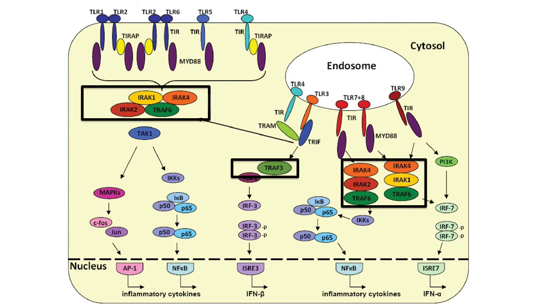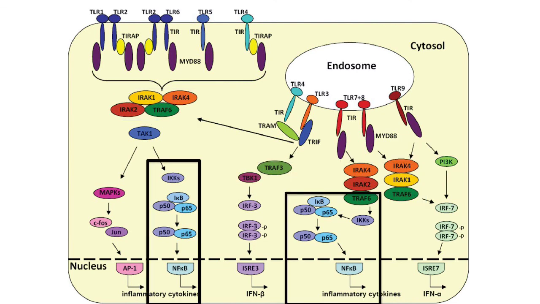These polyubiquitin chains are able to activate kinases that result in the activation of transcription factors. Such an example is the activation of the IKK complex, which is the I-kappa B kinase complex. When they get activated, they are able to phosphorylate I-kappa B. And once I-kappa B is phosphorylated, it can get ubiquitinated and degraded by the proteasome.